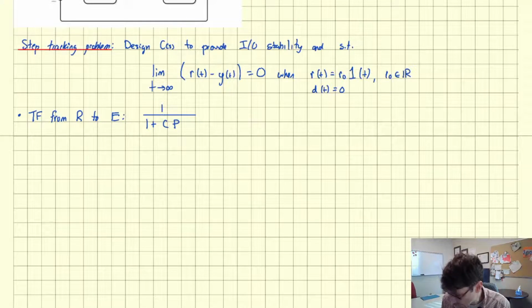And the Laplace transform of our reference is R0 over s. So that's the setup, and we want to figure out when that error goes to 0.